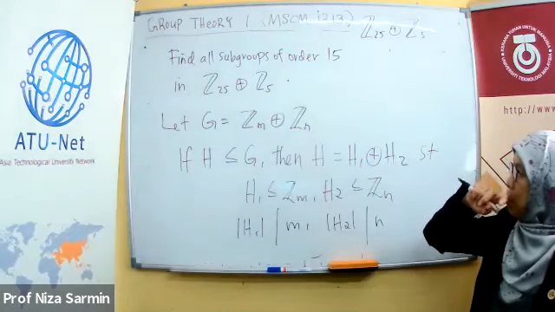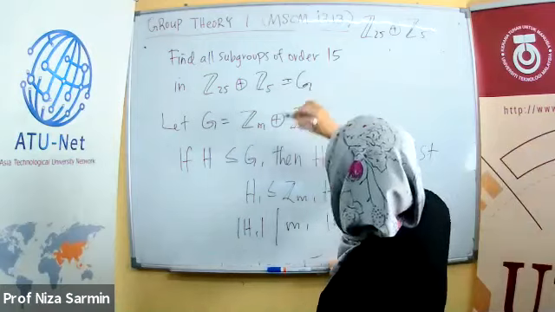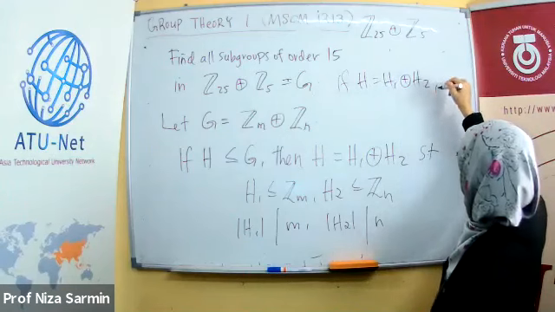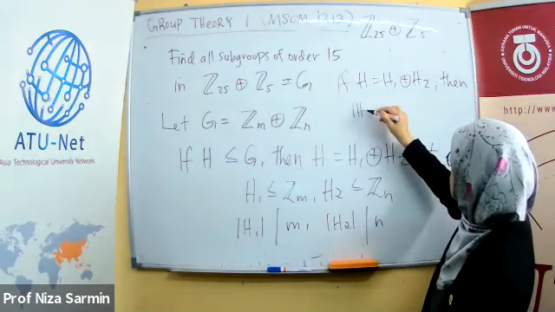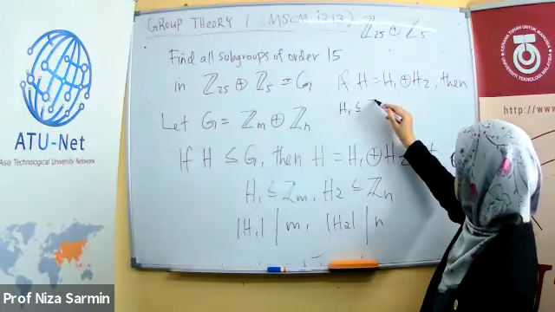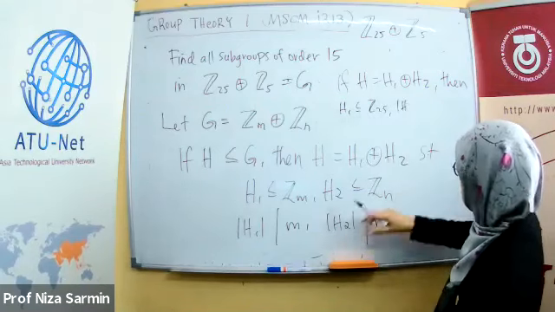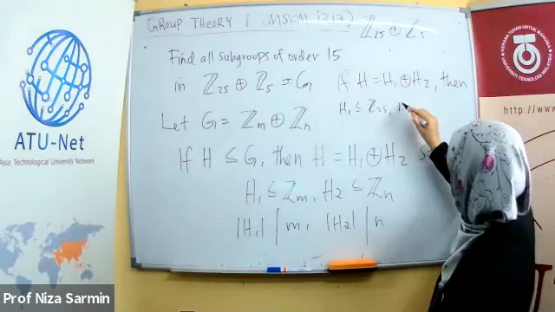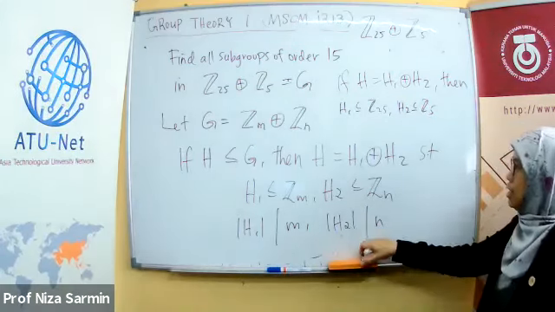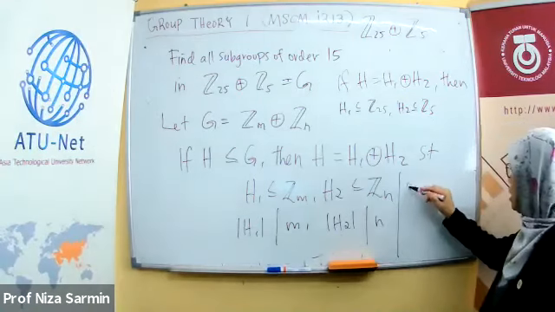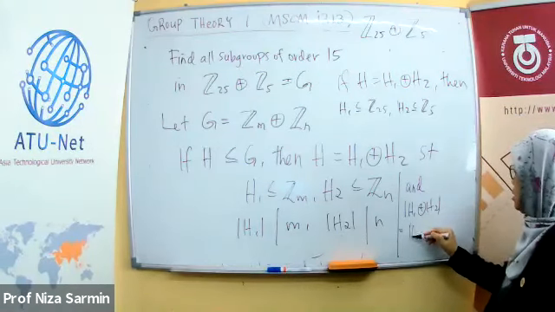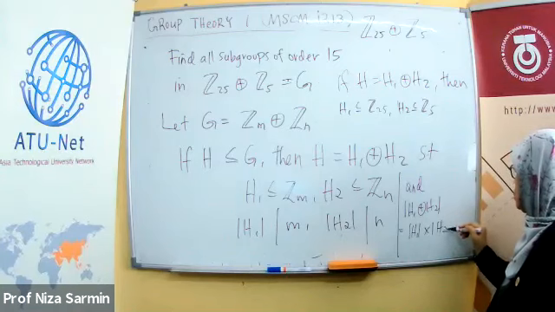So back to the question. Call this G. If H is a subgroup, then H1 will be a subgroup of Z25, H2 a subgroup of Z5, and, I haven't finished, the order of this is the order of this times the order of this.